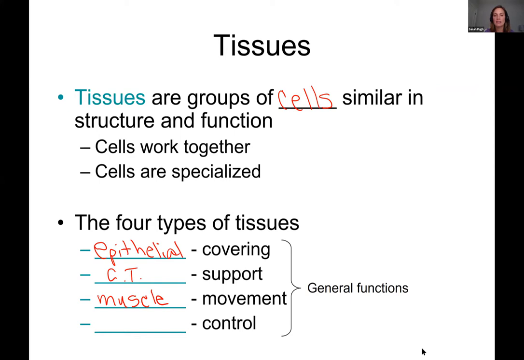And then the very last one on the bottom, I think says control. All right, so that's nervous tissue. Okay, so those are the 4 tissues that we're walking through. Those are just the very general functions of those tissues.